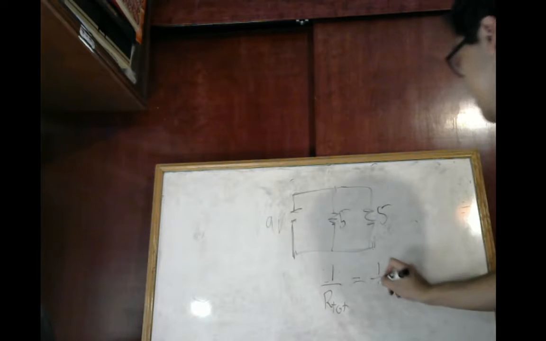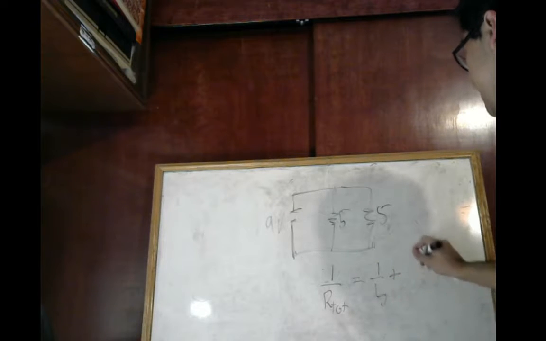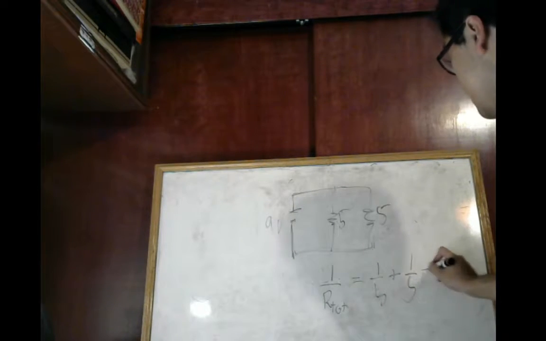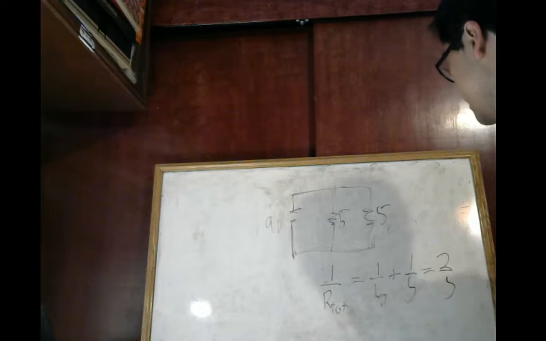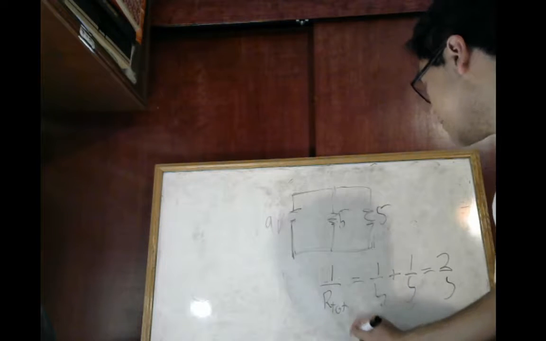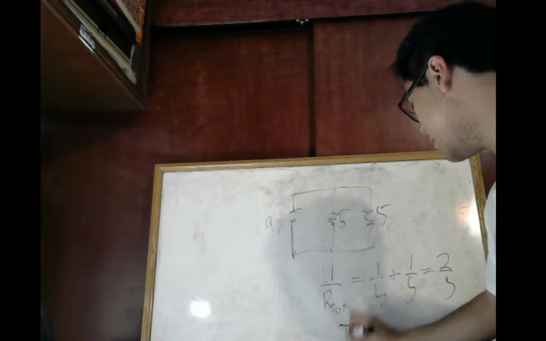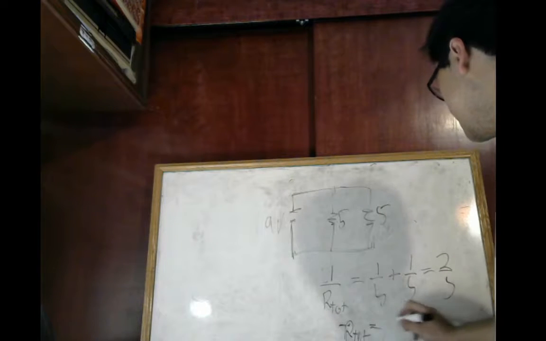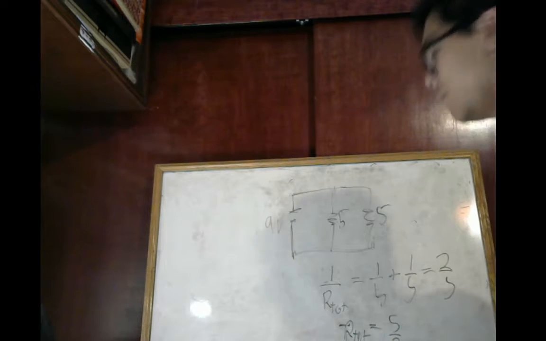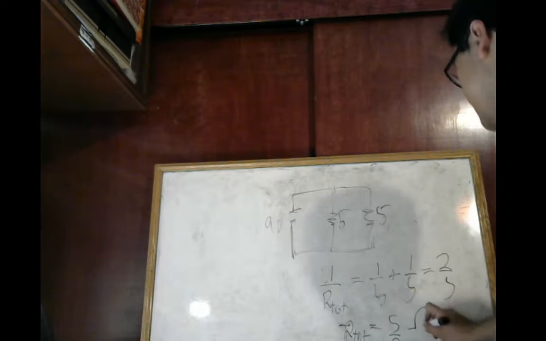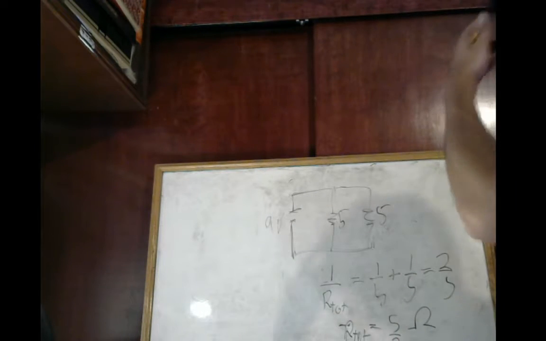So you will get 1 over 5 plus 1 over 5, which means 2 over 5, right? If we move R total to the upper side, R total would be 5 over 2, which would be 2.5 ohms. So we remember that perfectly.